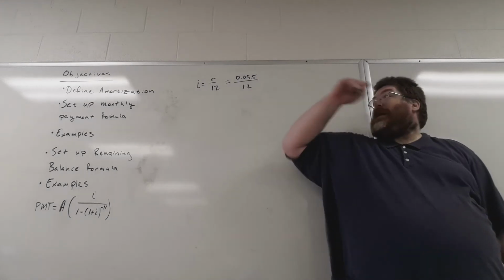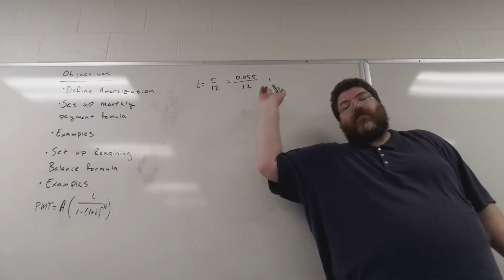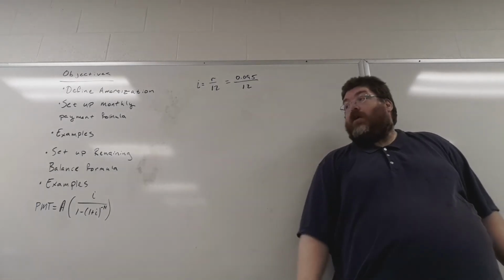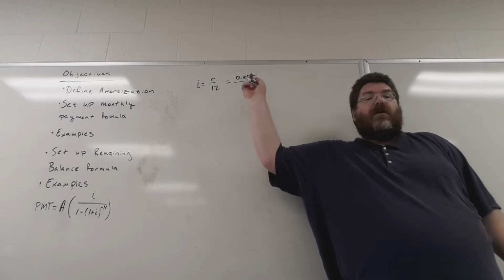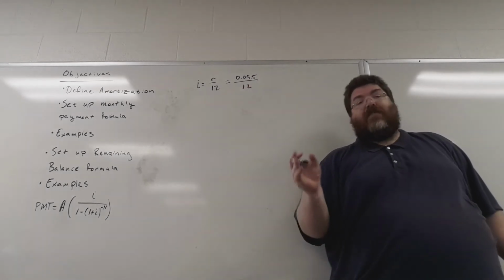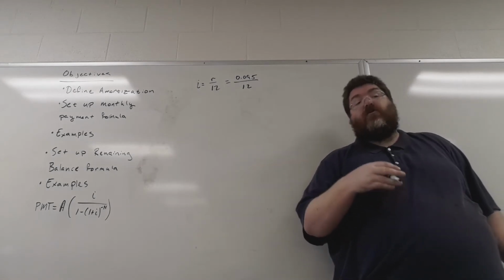Just like with our compound interest formula, we could find the decimal equivalent of this, but our calculators right now can handle these fractions. And if we switch over to decimals, we're going to lose some precision, and that might cause our final answer to vary a little bit.